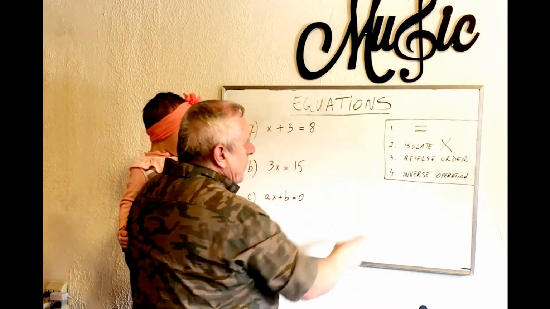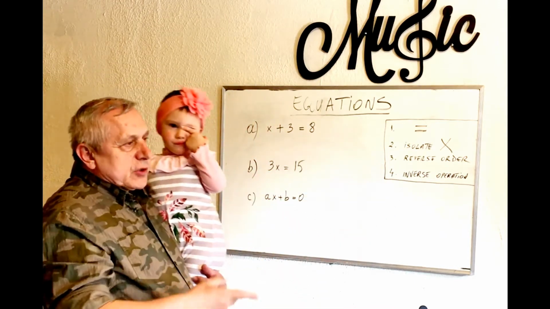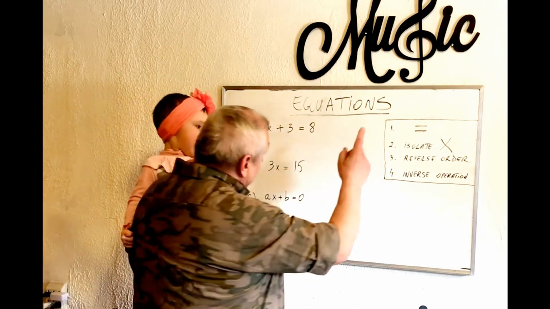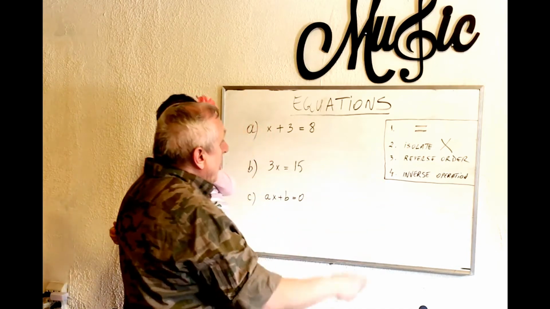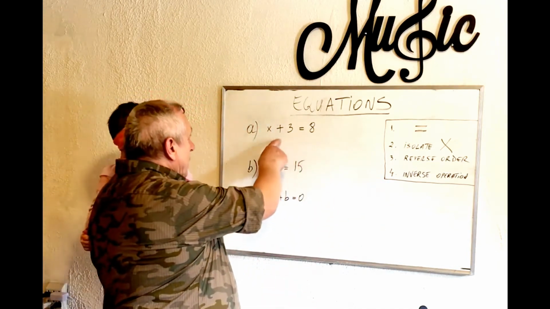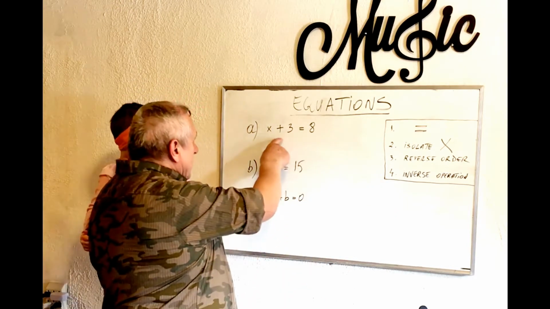Another rule is that we have to do the operations in reverse order compared to arithmetic. And the third and the fourth rule is that we should use the inverse operations. For instance, if here we have an addition, we have to use the inverse operation, the subtraction.